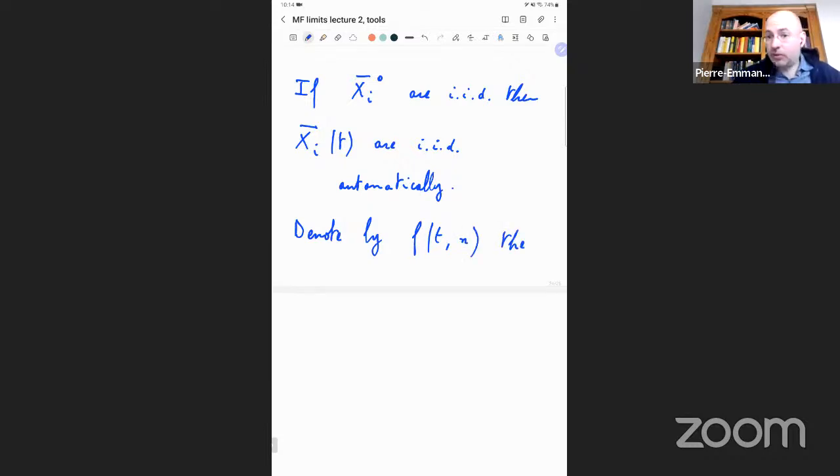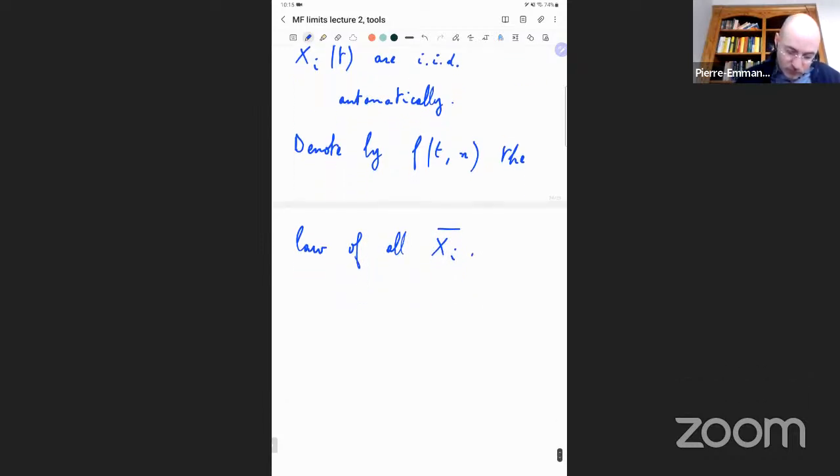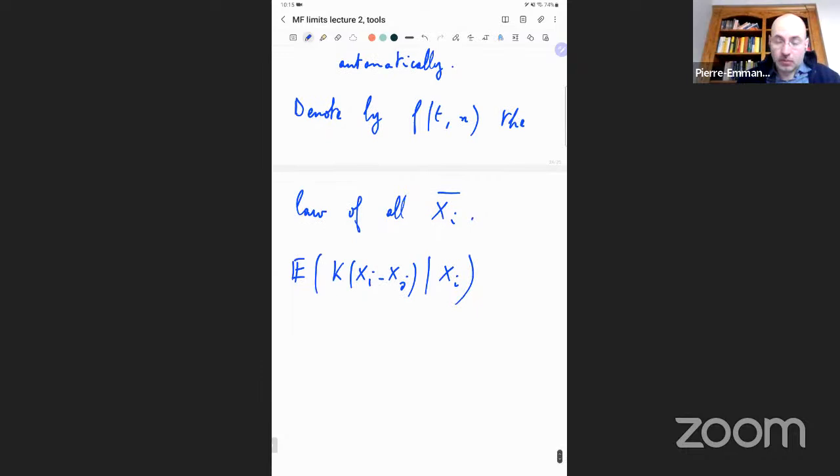They all have the same one, so I just need one, right? This horrible conditional expectation now just becomes a normal expectation according to the law.